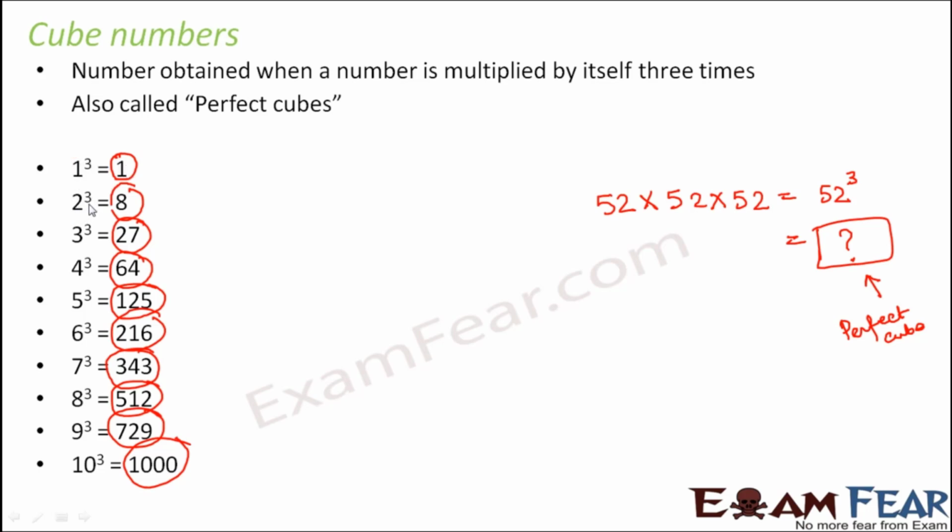Now when you are cubing 2, you are getting 8. So that itself tells you that all the numbers between 1 and 8 are not perfect cubes. Similarly, all the numbers which are missing between 8 and 27 are also not perfect cubes. So these are some special numbers which are perfect cubes. So in this lesson, we are going to talk about these cube numbers or perfect cubes.